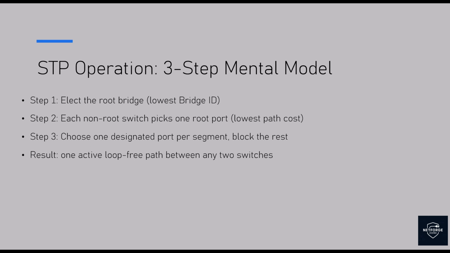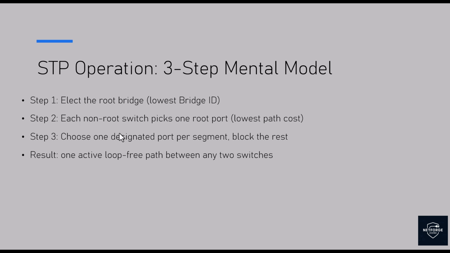Okay, so we have spoken about some of the stuff that we are talking about in here. We went through the election of the root bridge. Then we spoke about the election of the root port on each non-root switch. I told you that all the ports on a root bridge are going to be designated ports because they have to be forwarding.